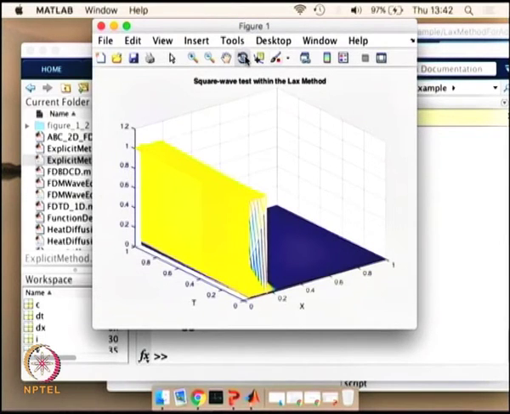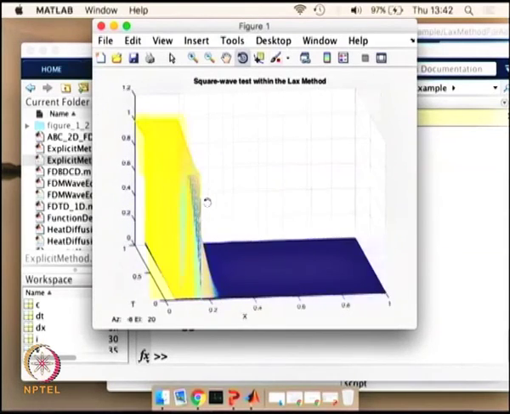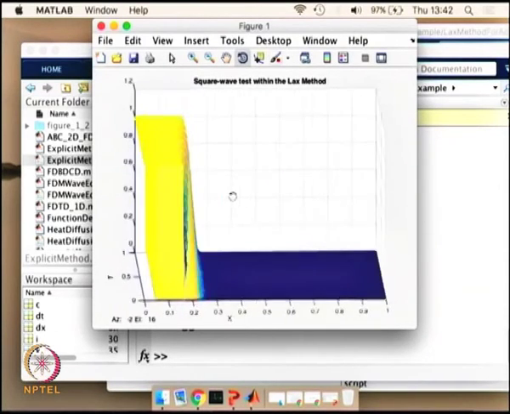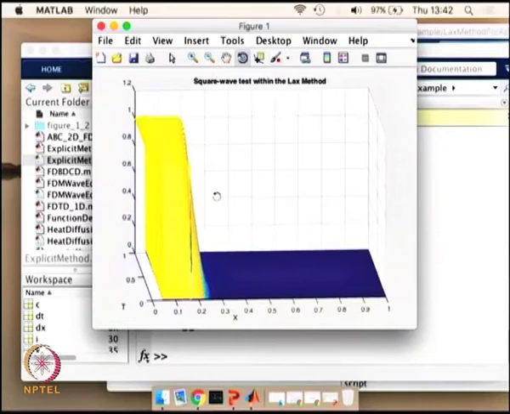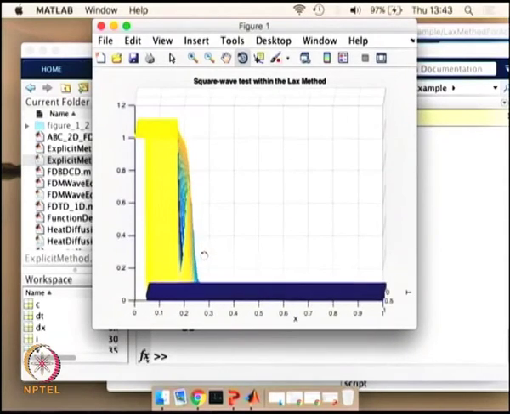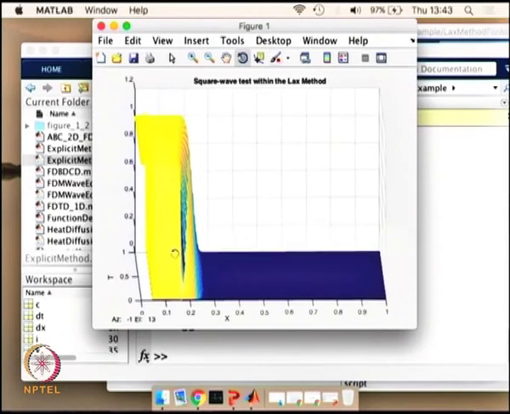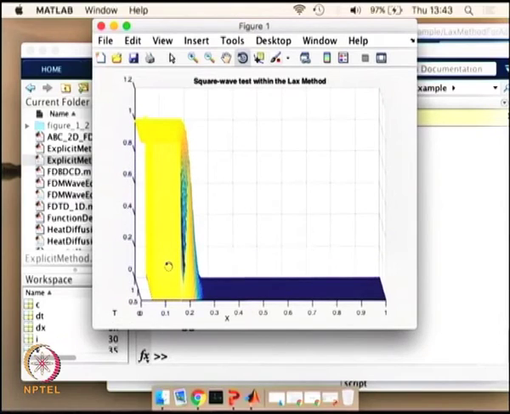So what you are seeing here is the solution itself moving in the direction. This is a 2D image of this particular solution, and you are seeing that there is an advection happening, and the initial step input has to go through the entire domain and propagate, and that is the idea of the advection equation.